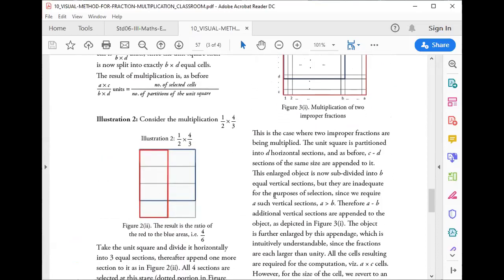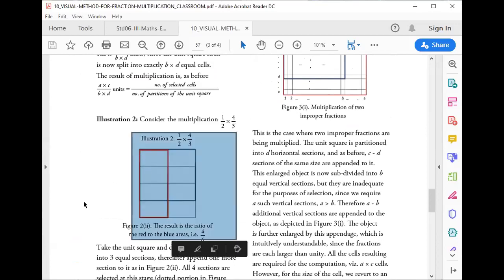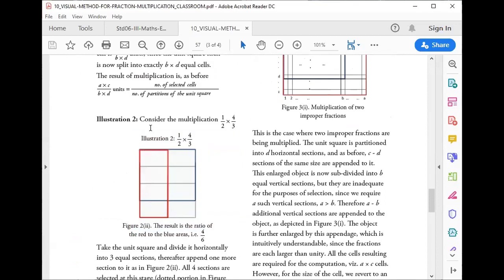Now let us look at this case. It's a proper times an improper. You can see that this was the proper, the half, and how it spilled over in the direction of the improper fraction. That is very important.